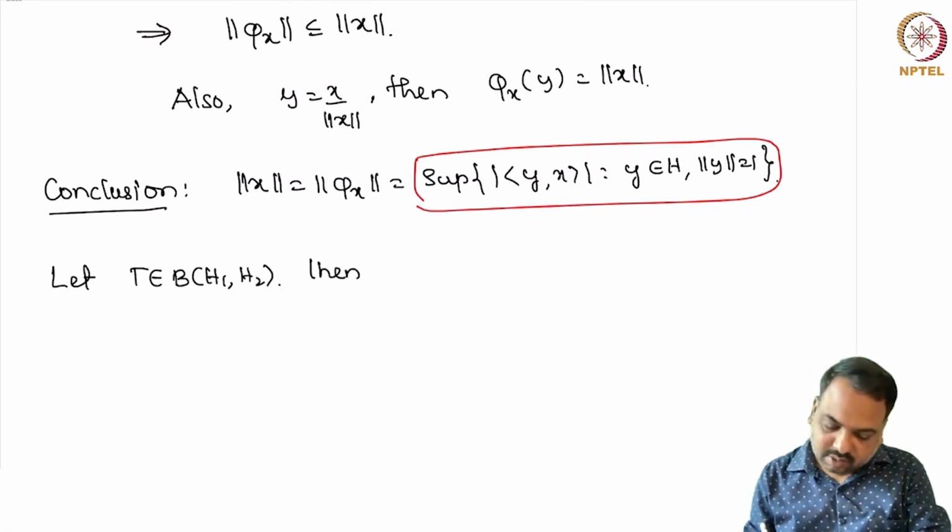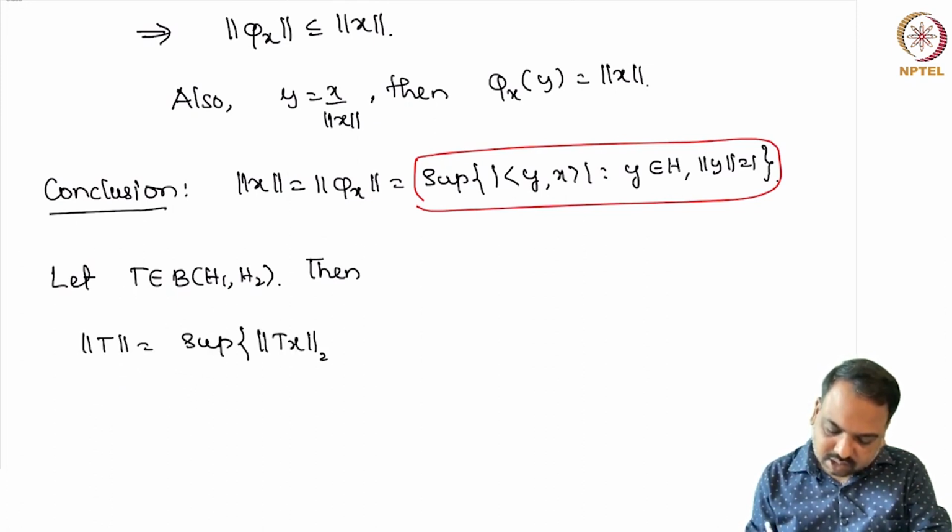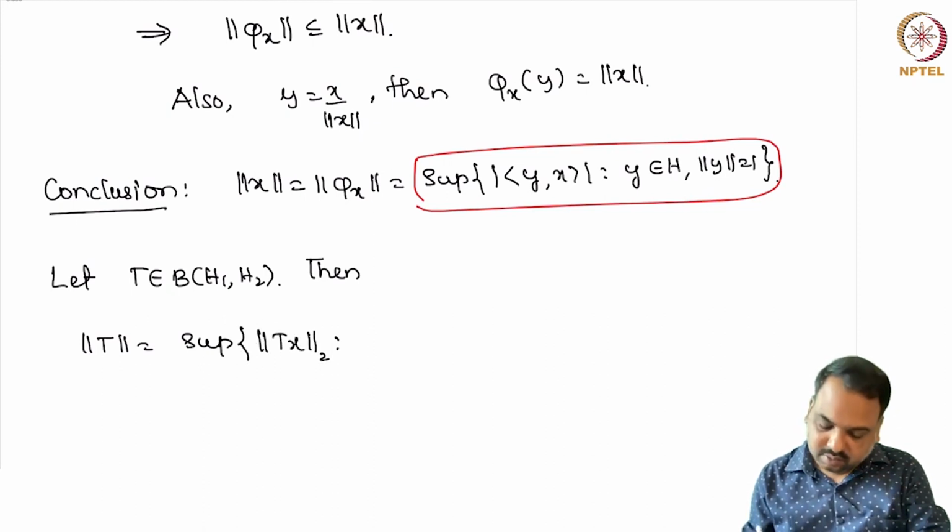Then we know that the norm of T can be expressed in terms of the norm of Tx. So the norm of T is the supremum of the norm of Tx in the second Hilbert space, where x is in H1 with norm x equal to 1.